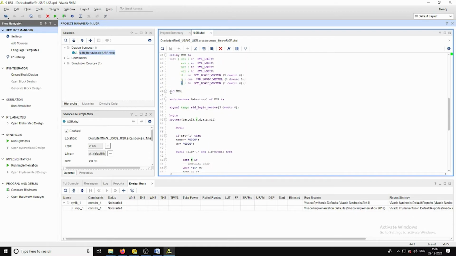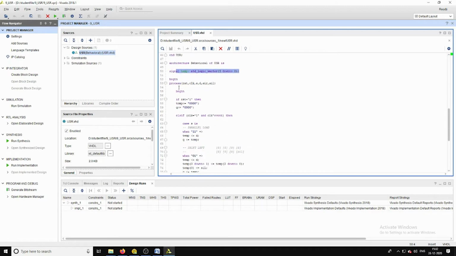and in this particular logic I have declared a temporary signal which is 4 bit size, and in the process I have included the primary inputs. Whenever there is a change of the inputs, we are going to do the operations.